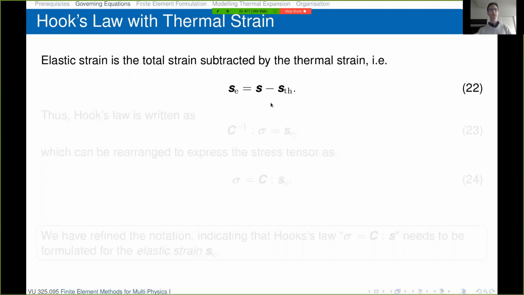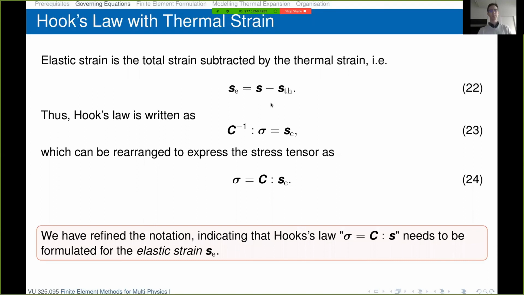So therefore, we can write Hooke's law in these 2 forms, either formulating the elastic strain using the inverse of the stiffness tensor, double contracted with our stress tensor sigma. And of course, you can shift this around by multiplying the stiffness tensor to the other side by using the inverse. So we have the usual form of Hooke's law, sigma equals C double contracted with S elastic.